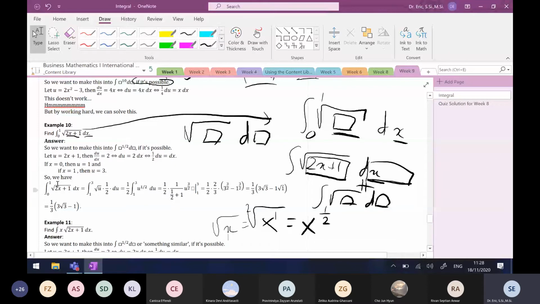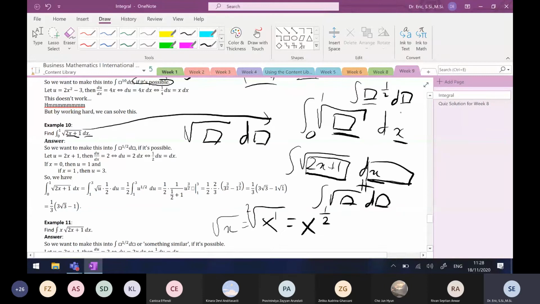So this changes into the integral from 1 to 3. Square root of 2x plus 1 becomes square root of u times dx, and dx is a half du. A half can get out of the integral, so you have a half times this. What is the integral of this? This is just the integral of something to the power of a half, d something.